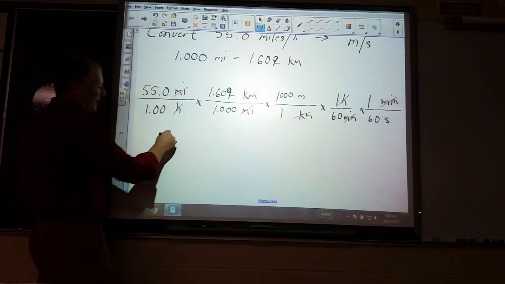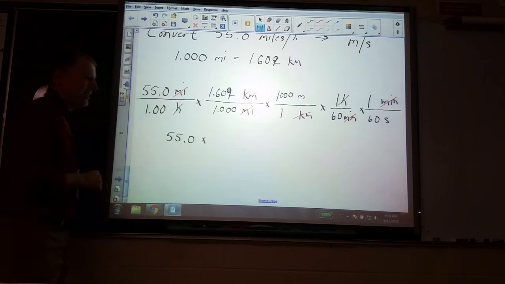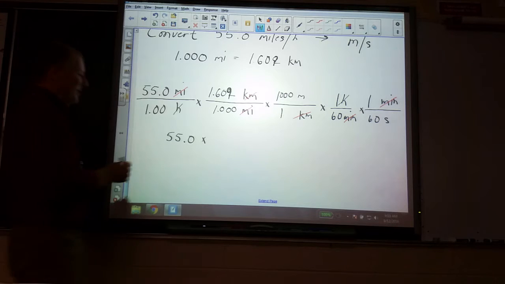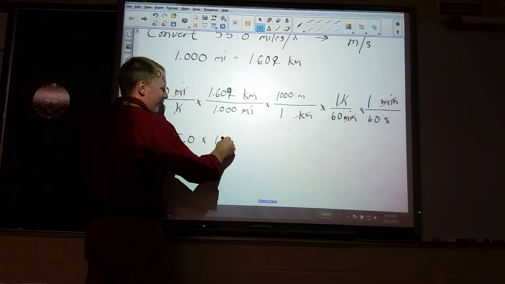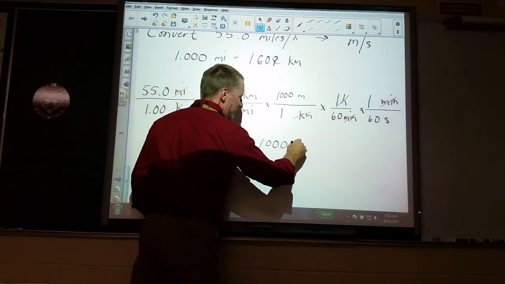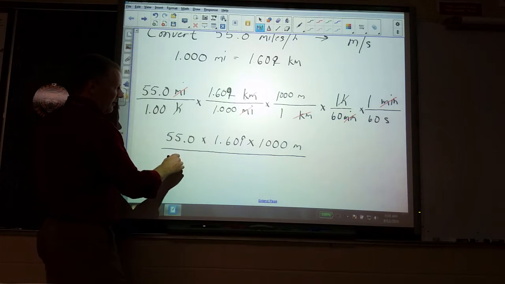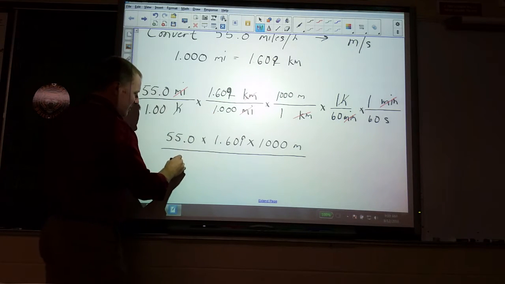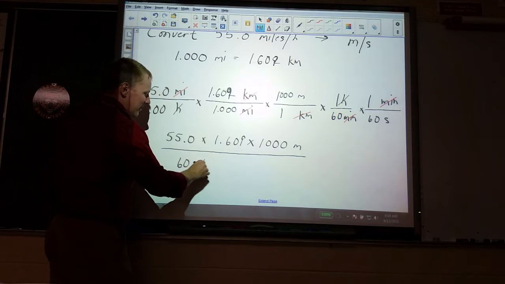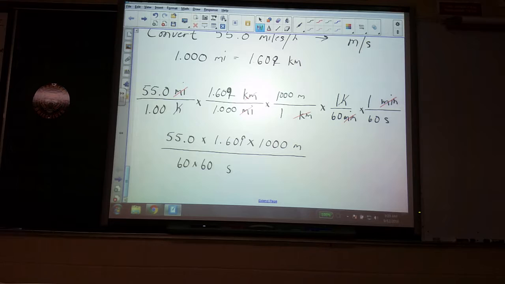So multiplying across the top, we'd have 55.0. That is a super easy and common mistake, which is why I thought of it too. Times 1.609 times 1,000 meters on top, and then on the bottom we have 1 times 1 times 1 times 60 times 60, and the units are seconds on the bottom. When you're entering these into calculators, you should practice safe math. There are 2 ways to do that.